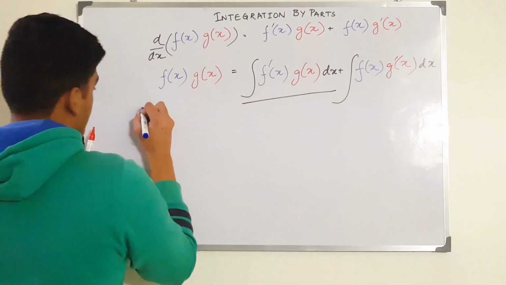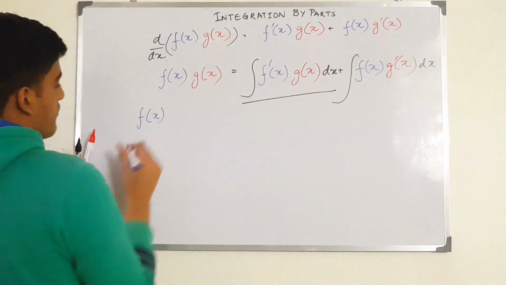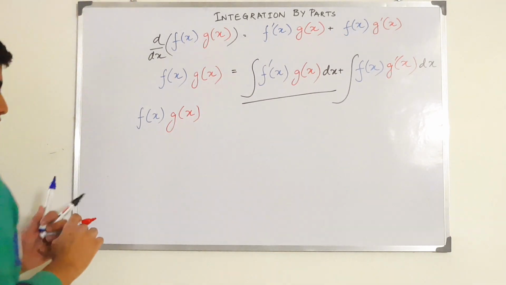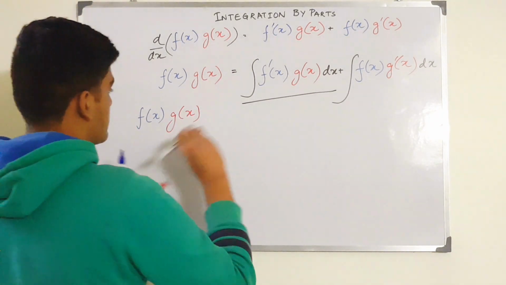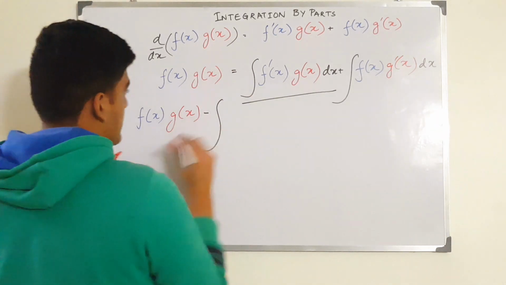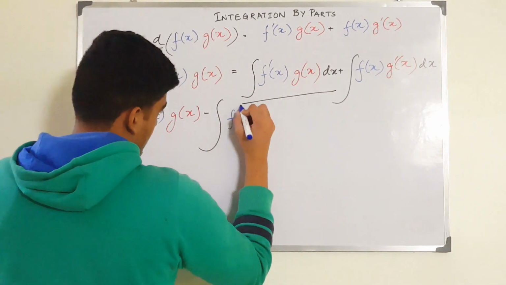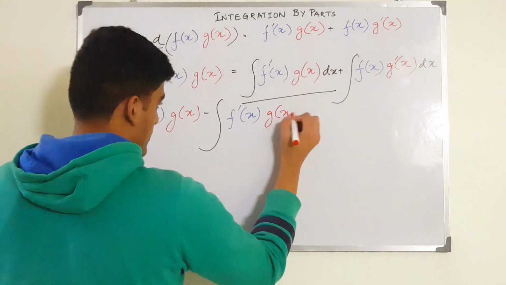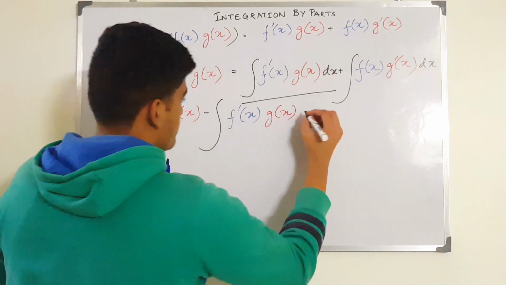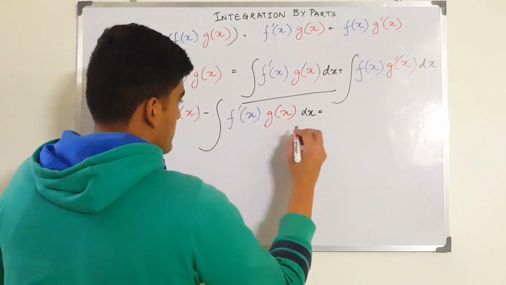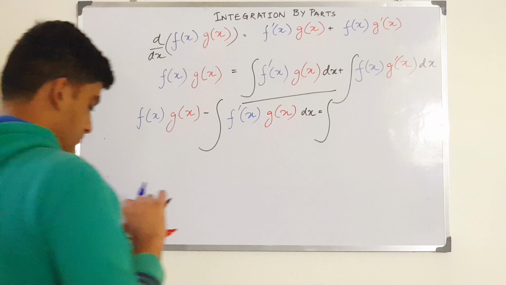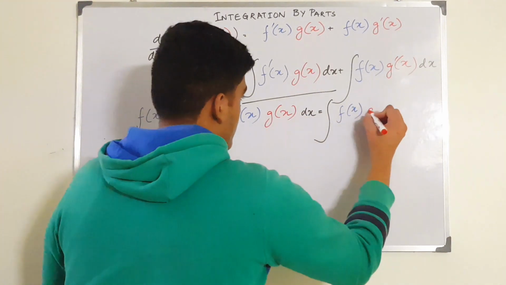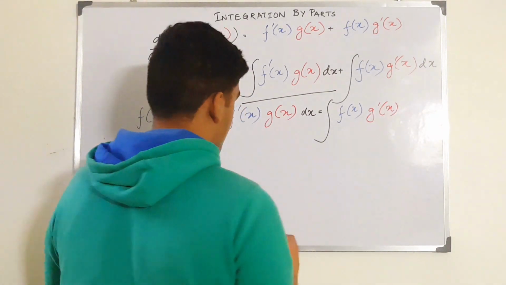So what we get is f of x multiplied with g of x, first function multiplied with the second function, minus the integration of the differentiation of the first function multiplied with the second function. It's equal to the first function multiplied with the differentiation of the second function.